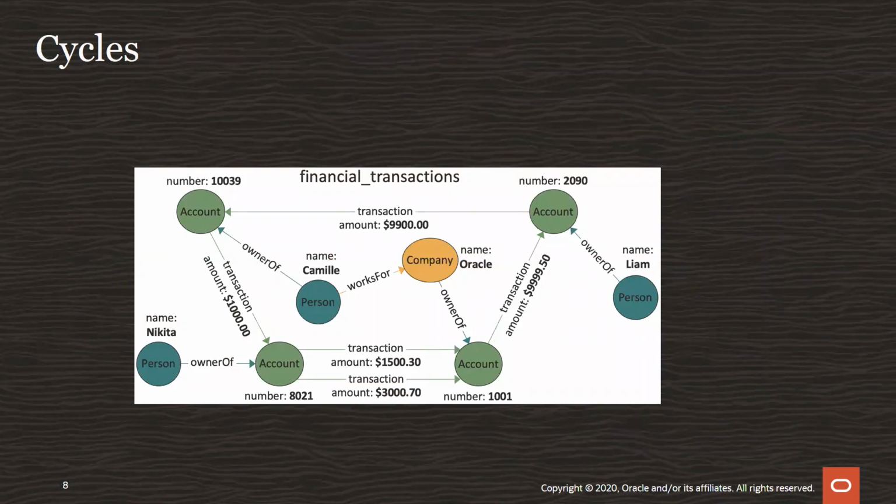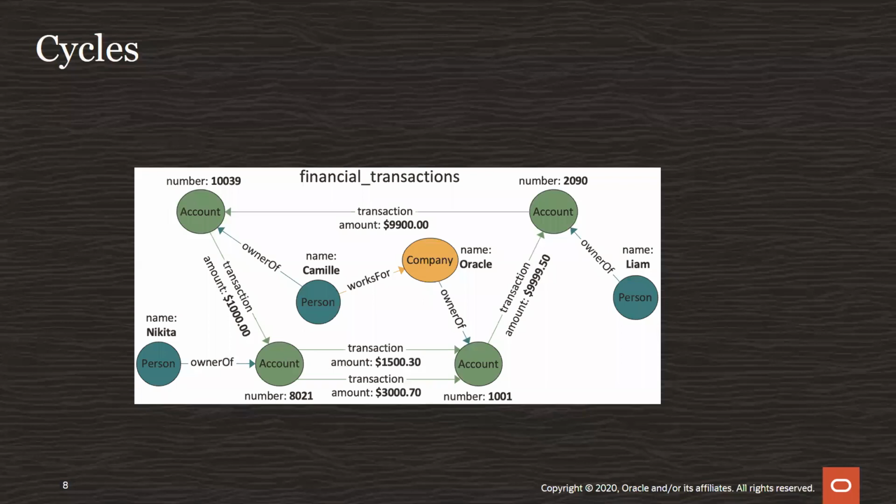So from this particular image, let's look at the extreme right of this picture, wherein we can see that the person Liam, who is the owner of account 2090, is making a transaction close to $10,000 to the account 10039, and that particular account makes another transaction of $1,000 to the account that is mentioned below, which is 8021, and it belongs to the owner Nikita.